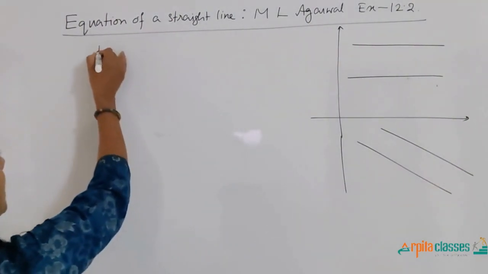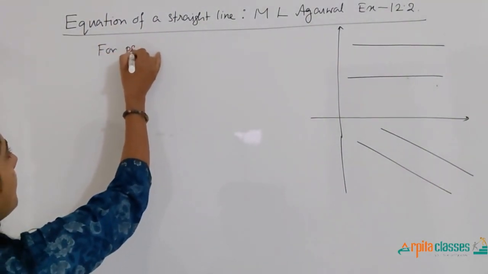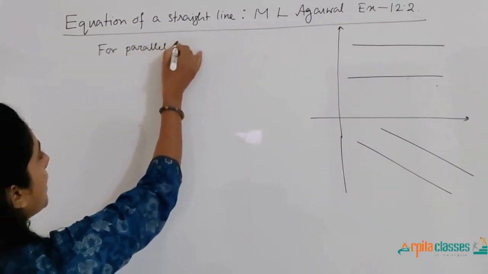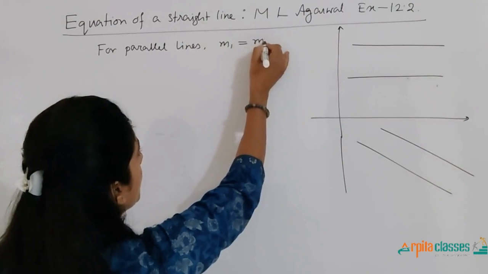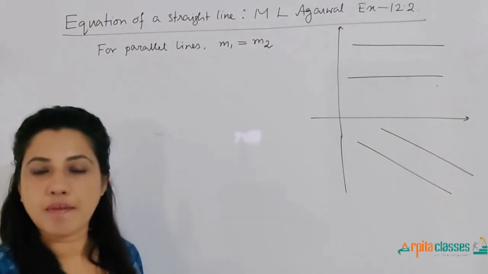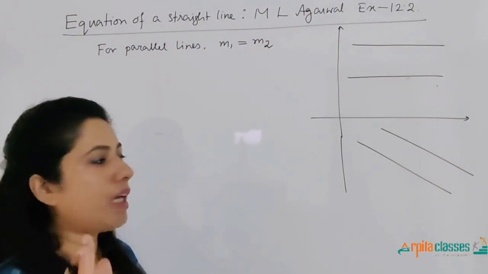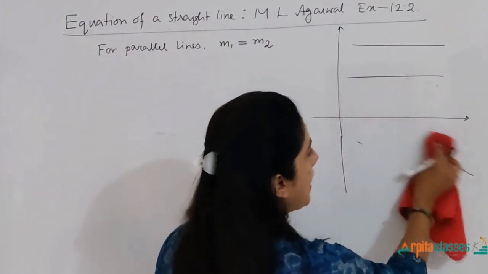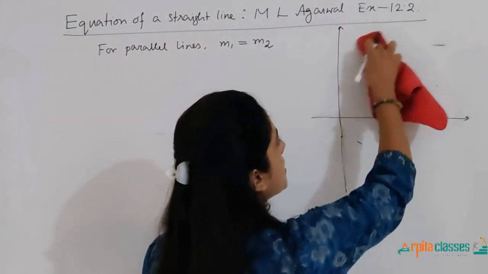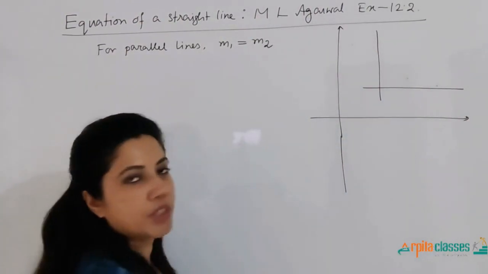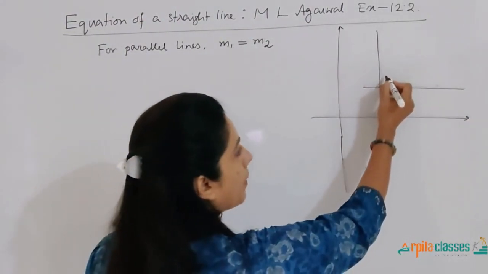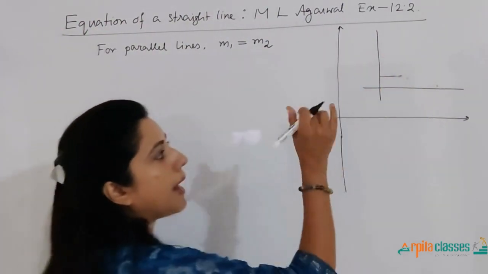So the first criterion for parallel lines is m1 should be equal to m2. We have to find the slopes, and the slopes will be equal. And if the lines are perpendicular to each other, then the product of their slopes will be -1.